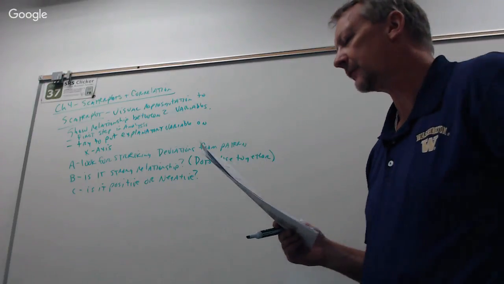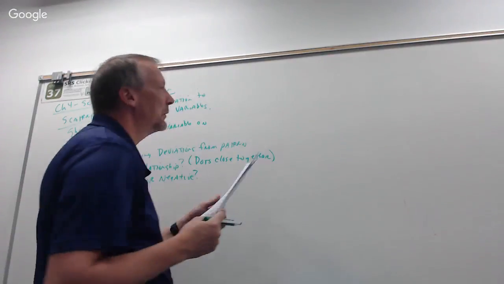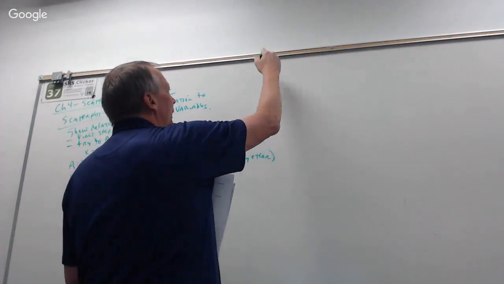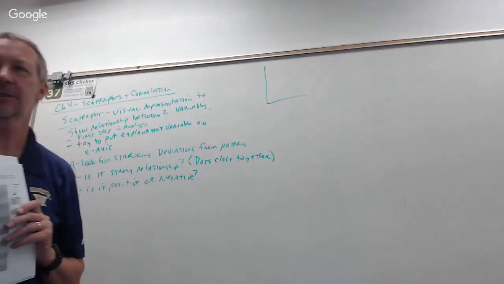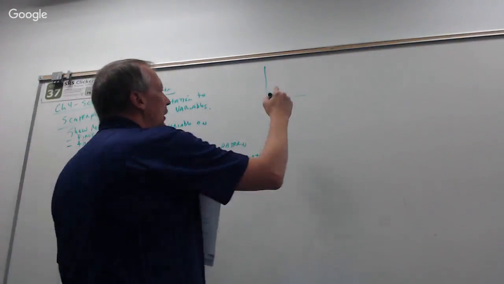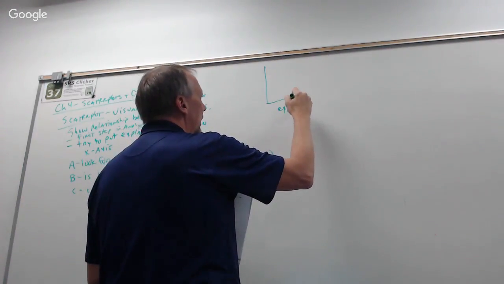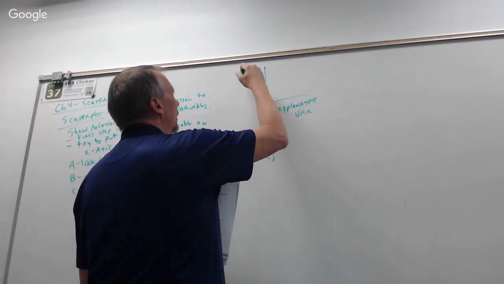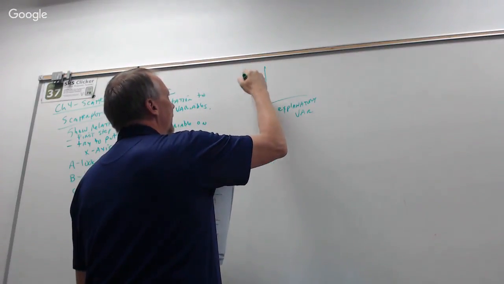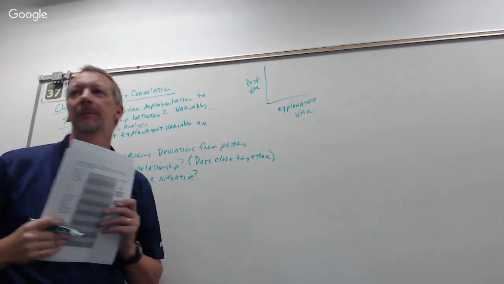Okay? So here's what we're looking, well, I'm going to draw a bunch of different scatter plots, okay? Now, normally you're going to put the explanatory variable here, and you're going to put the response variable here, okay?